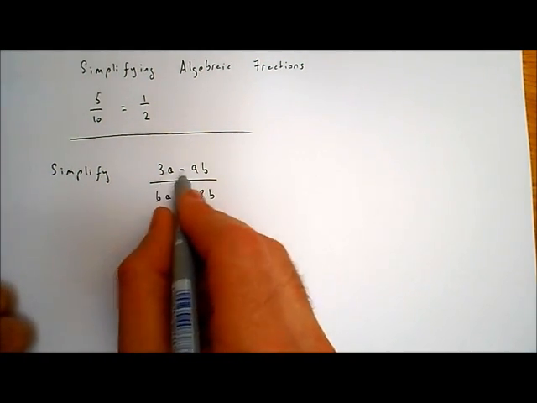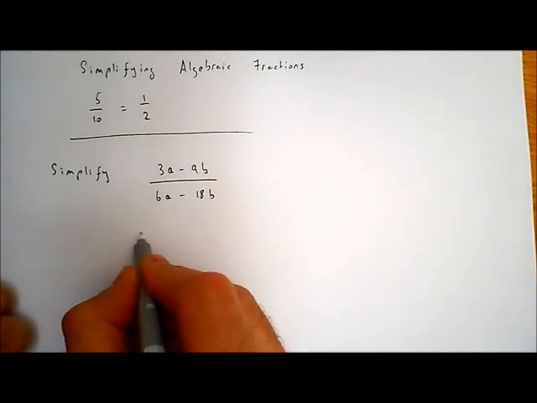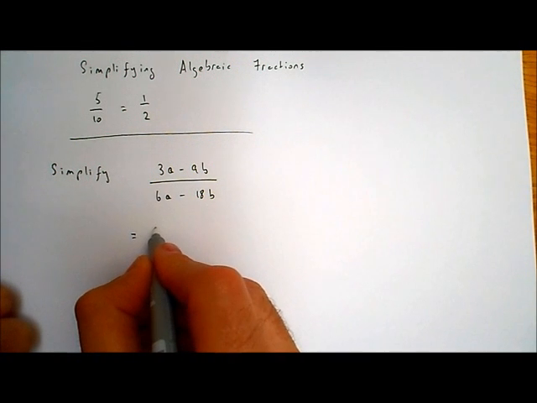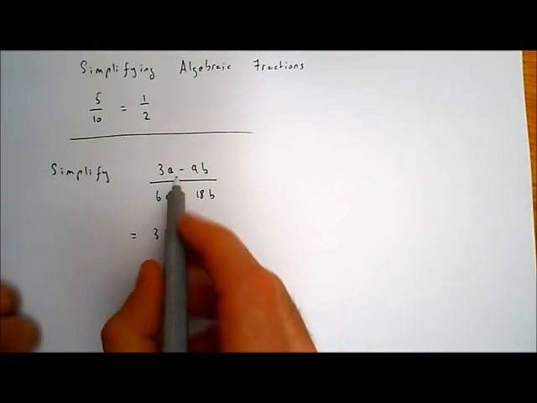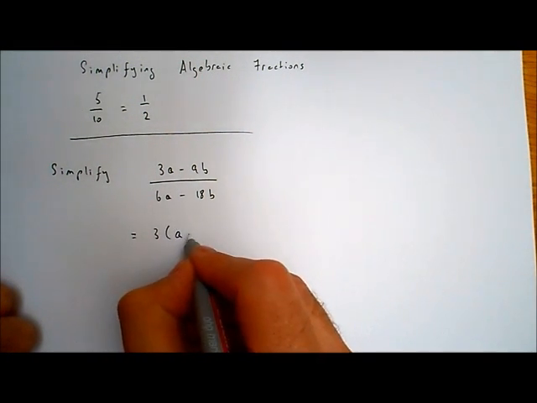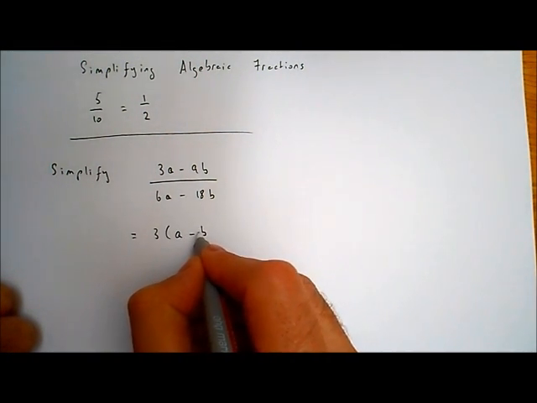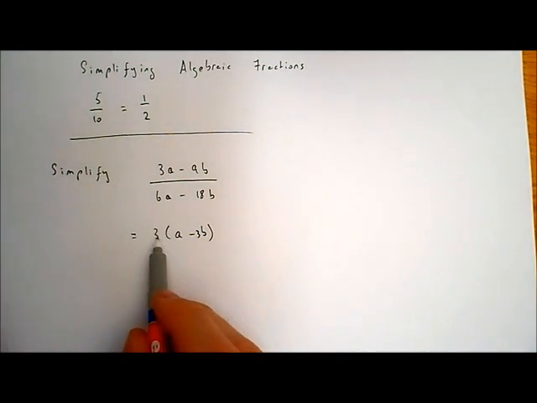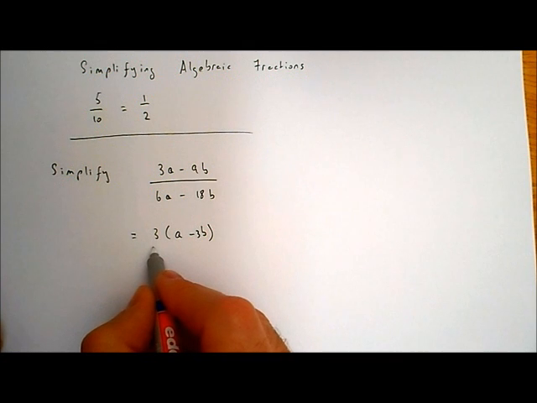So I can factorize both the numerator and the denominator. If we look at the numerator, I can rewrite that as 3 times, because the highest common factor of these two things would be 3, so 3 times a minus 3b. Because 3 by a gives me 3a, and 3 by minus 3b gives me minus 9b.